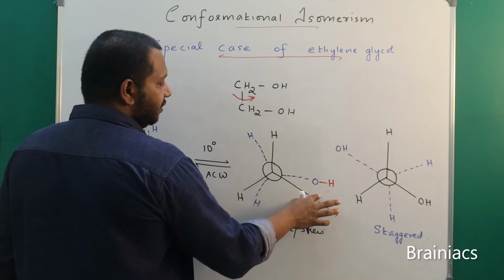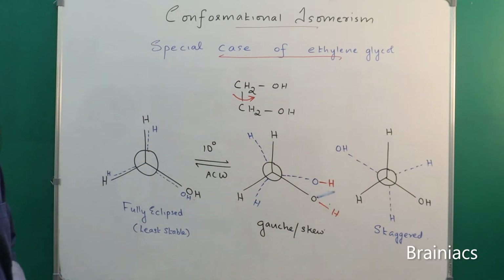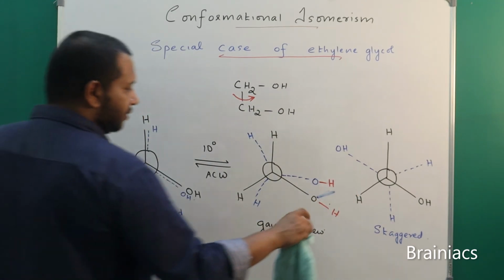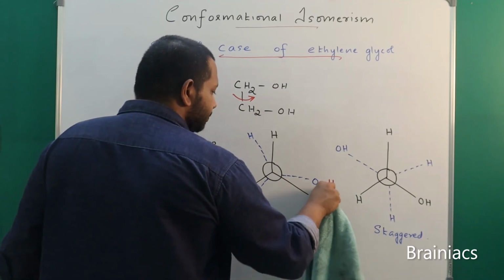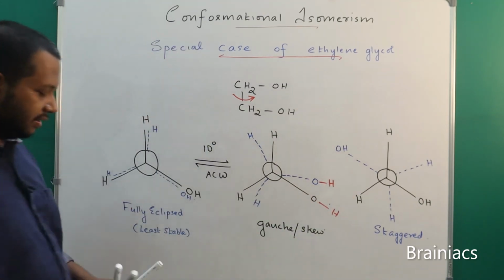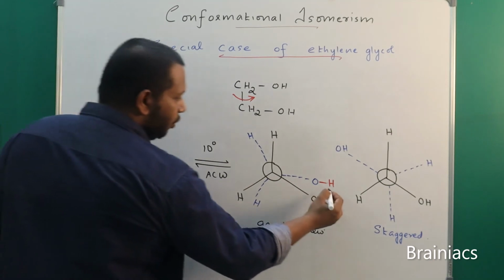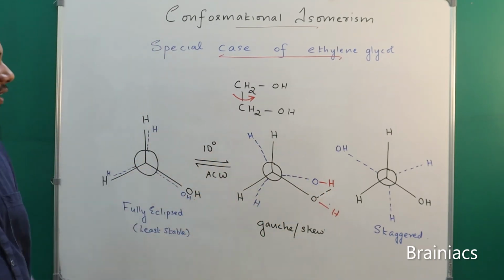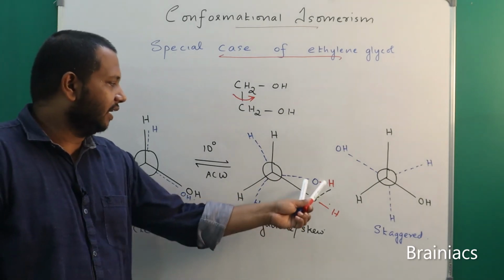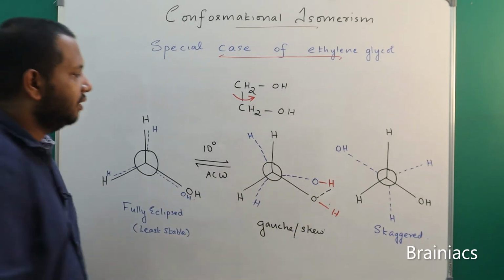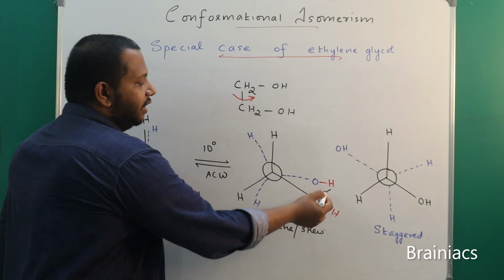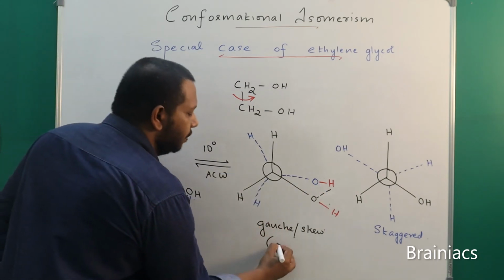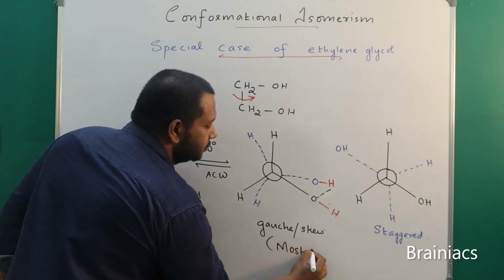This representation, which I am drawing in black line, is referred to as the hydrogen bond. This extra hydrogen bond is formed in the gauche form when they are only some 10 degrees or 2 degrees relative, so it can form this intramolecular hydrogen bond. That's the reason why this becomes the most stable.